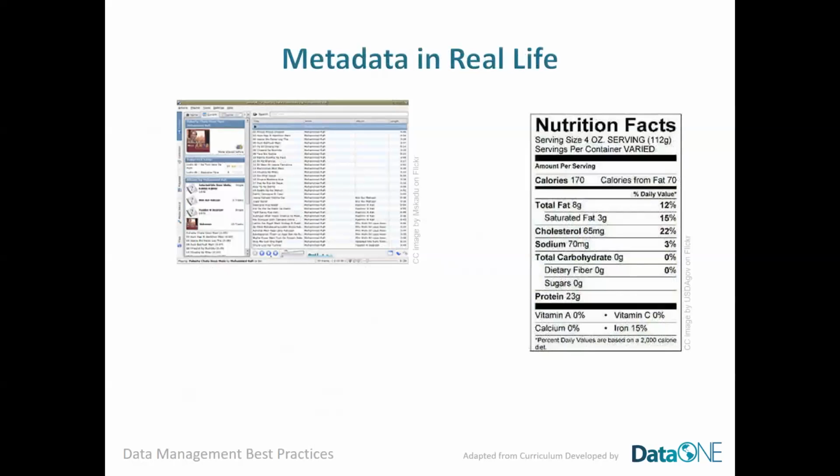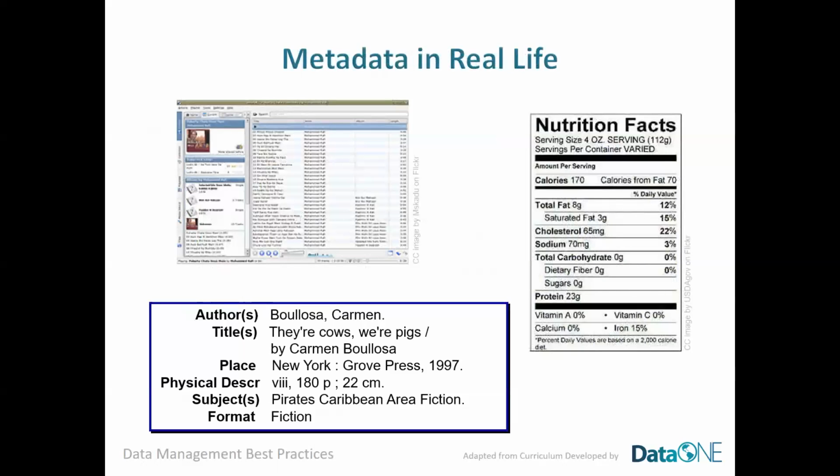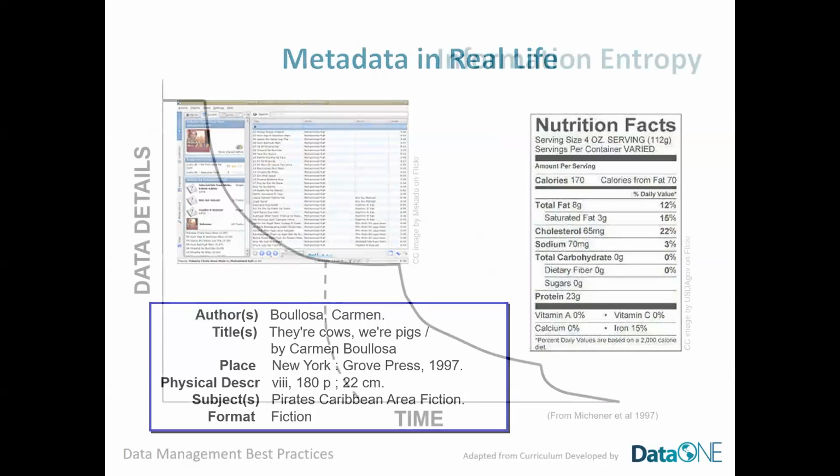A nutrition label also has metadata to tell you what cholesterol, sodium, and what elements you have in nutrition. In the library world, you have seen the catalog, and that's also metadata. We have the information on the author, title, creator, publisher, subject, and format. And you will see that also when you create your own metadata for data sets.